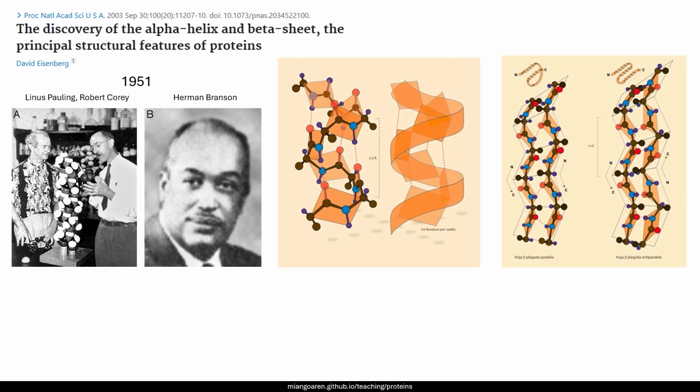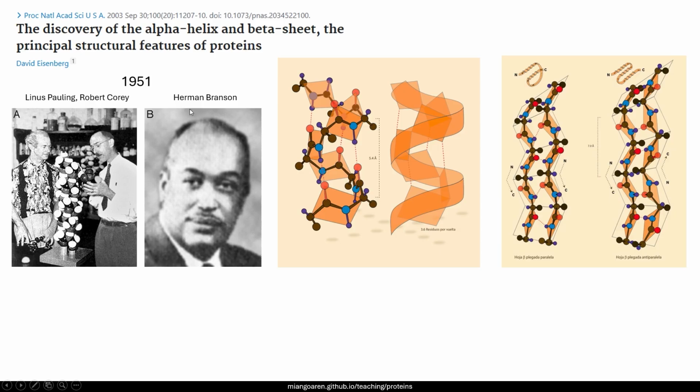And this was mainly investigated by multiple people, but perhaps the ones really responsible for the discovery or characterization of these alpha helix and beta sheet secondary structures are this group of Linus Pauling, Robert Corey, and Herman Branson in 1951.